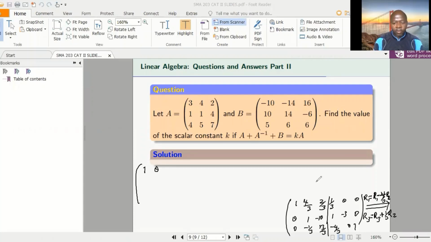This by 4 out of 3 will be -40 out of 3. This -4 out of 3 is subtracted from 2 out of 3, and you get 42 out of 3, 40 out of 3, which is 14.